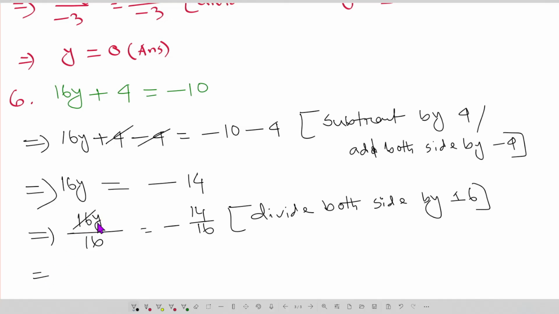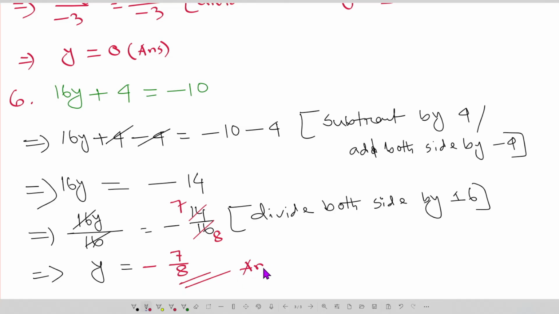Okay, so 16 and 16 once we divide, we will get only y, and here is minus 14 by 16. Here we can divide both parts. This fraction we will divide by 2. So 14 divided by 2 will be 7, 16 divided by 2 will be 8. So our answer is minus 7 by 8.